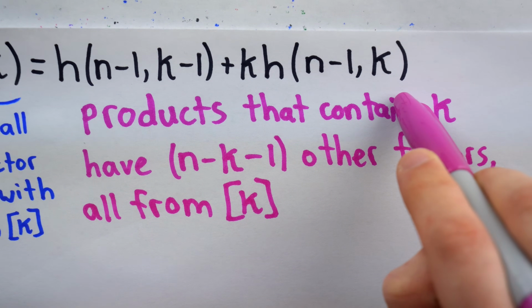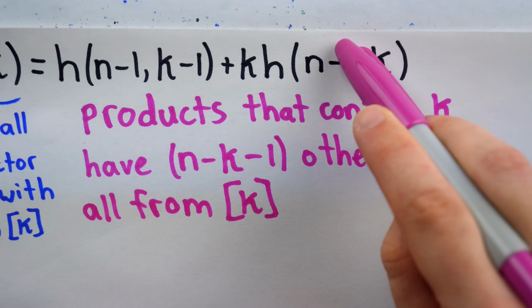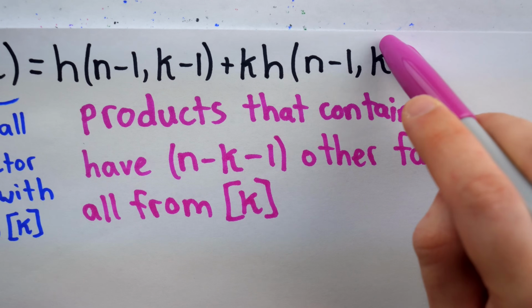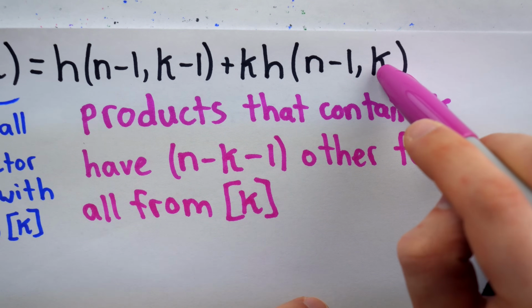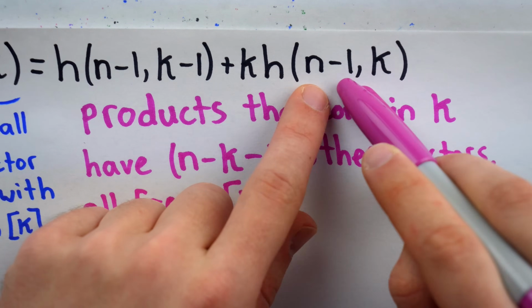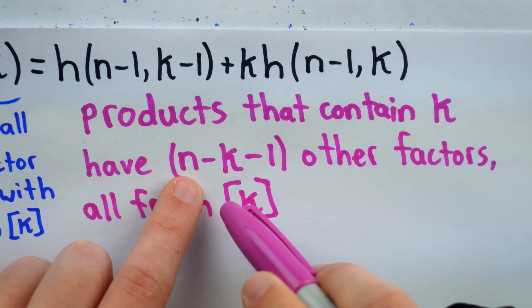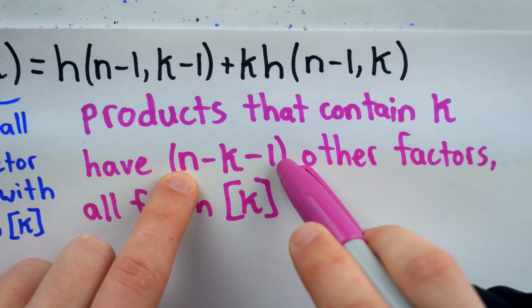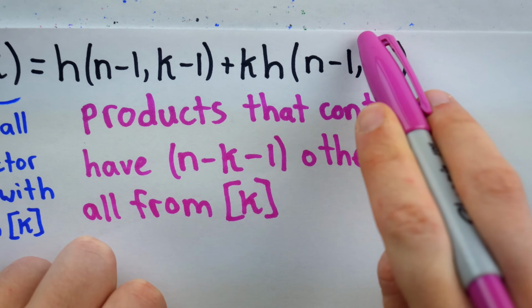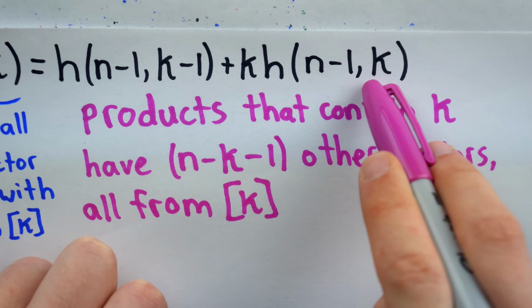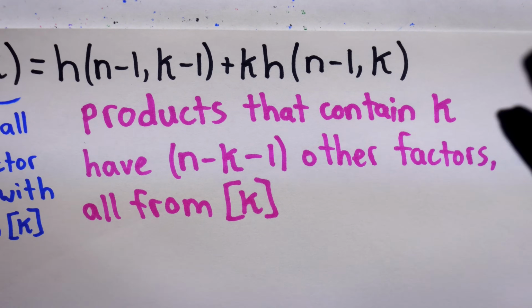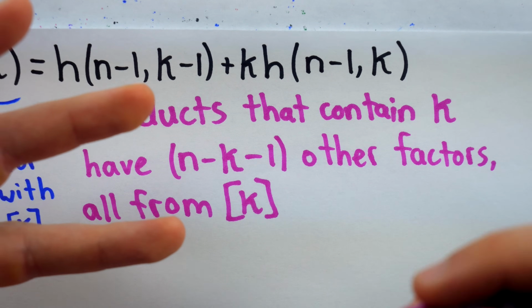Remember, the number of factors in a product is this argument of the function minus this argument. So the number of factors in products represented by this guy are n minus 1 minus k, or equivalently, n minus k minus 1. This h function takes all such products and adds them up. But we're trying to account for all of the products that have k as a factor.